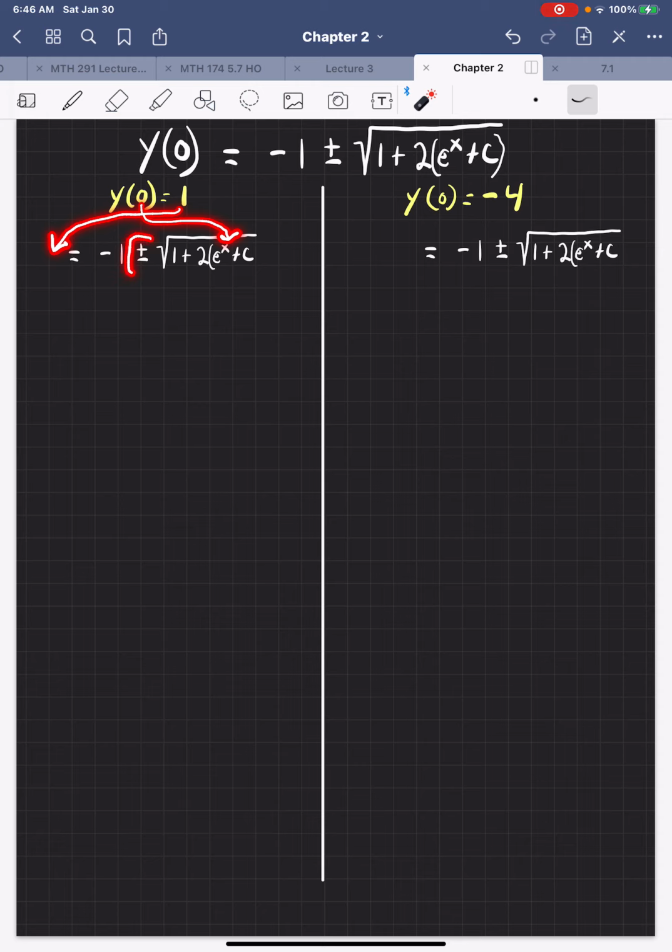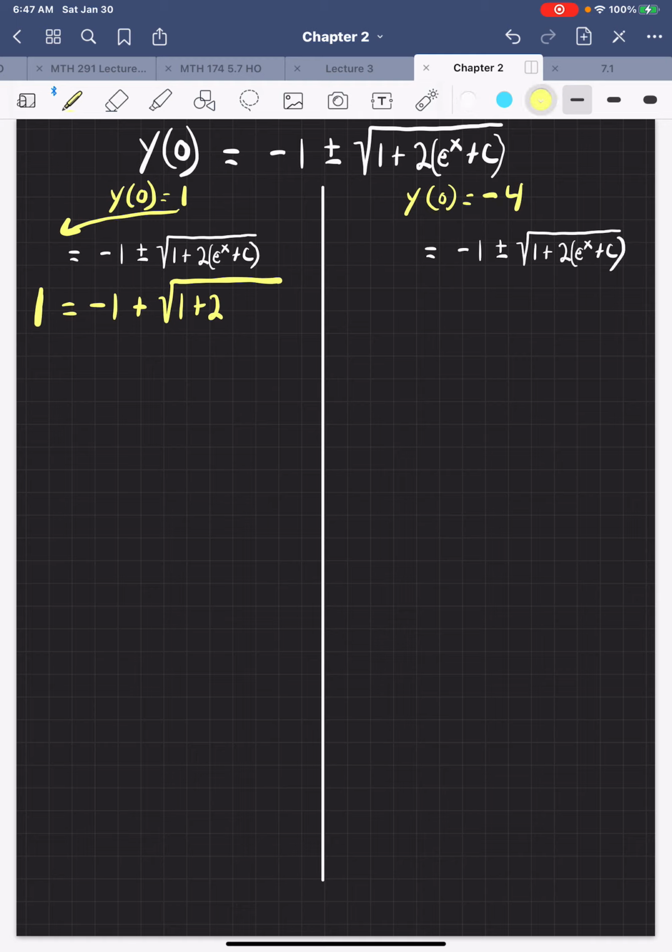We just need to make sure we take the right root, right? Either the negative or positive version of the root. So for starters, since y of 0 is equal to 1, we're going to only focus on the principal root, the positive root. So that's -1 plus the square root of 1 plus 2, looks like I forgot my parentheses here, and probably here too.